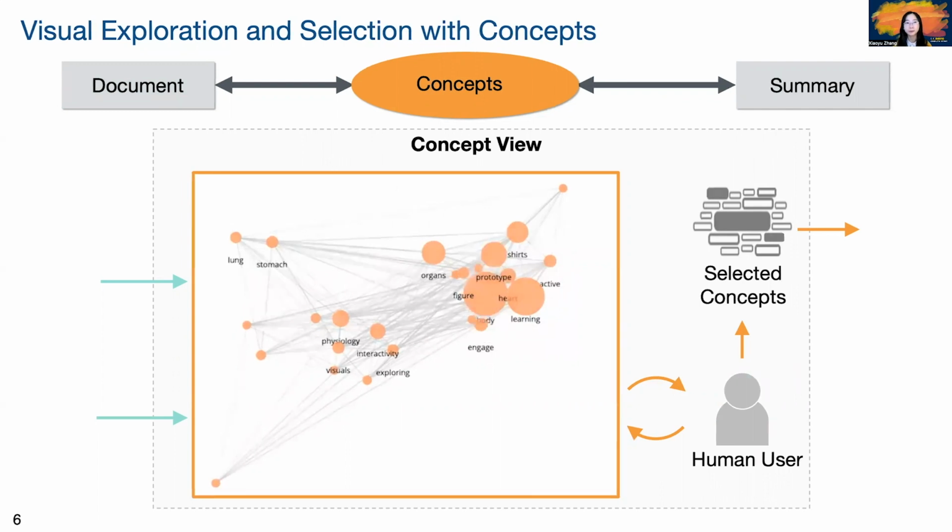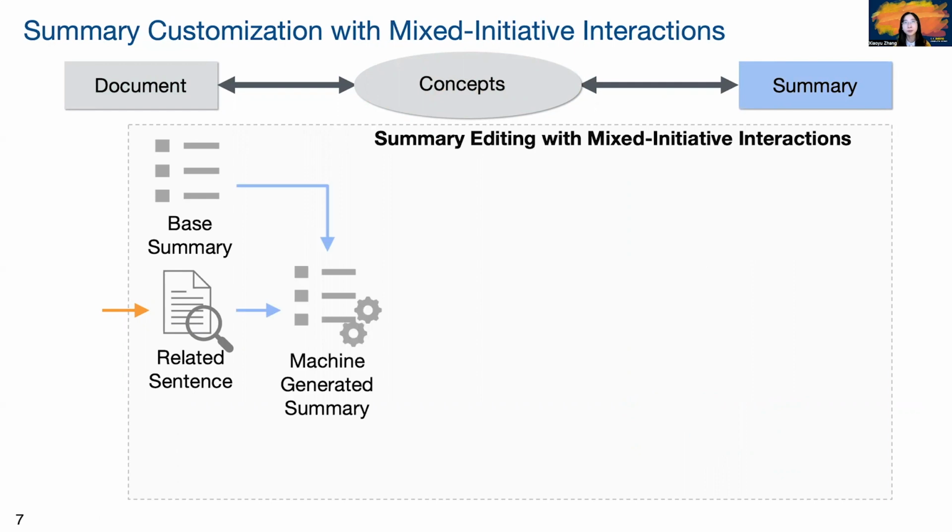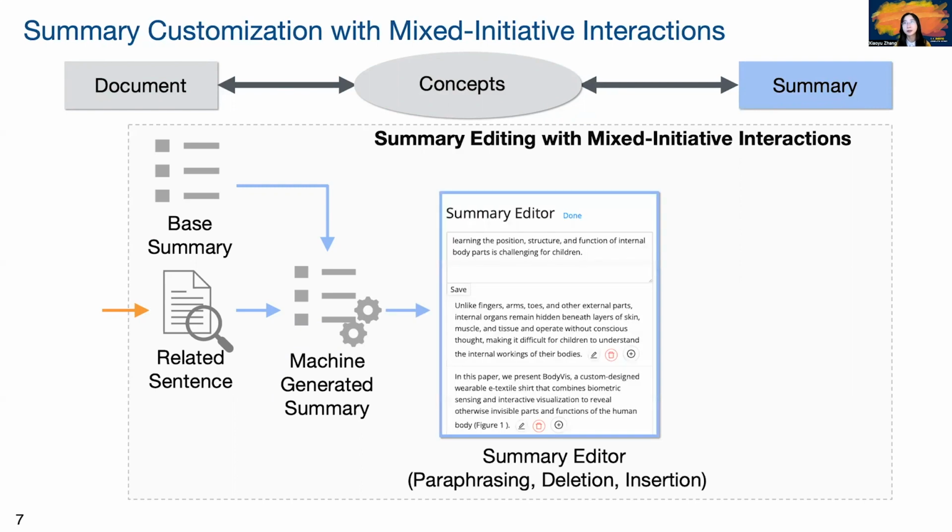In the next stage, we retrieve the related sentences from the document, and together with a base summary automatically generated by our language model, we provide the users with a machine-generated summary. We were aware that such a version of the summary is not perfect, so we also developed a summary editor for the users to interactively paraphrase, delete, or insert content in the machine-generated summary.